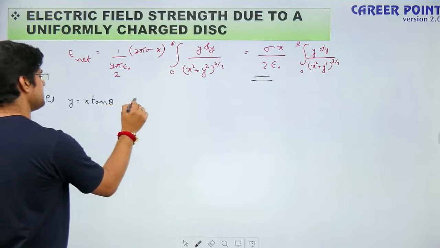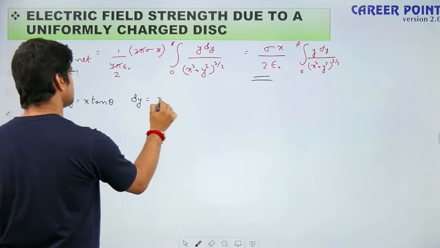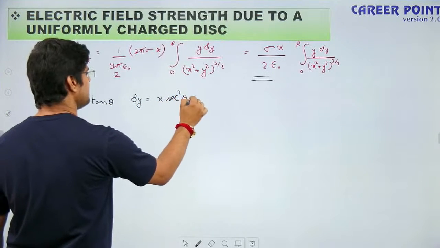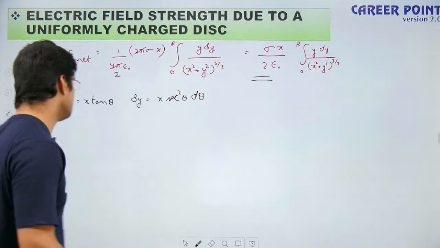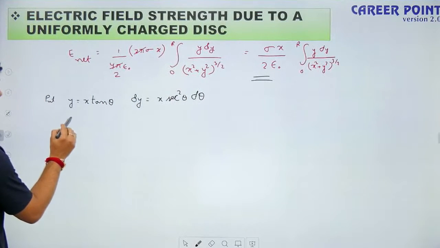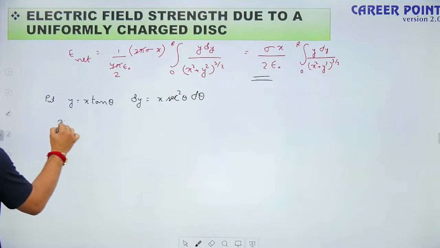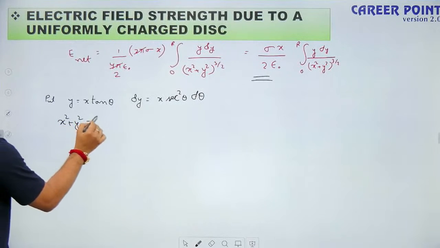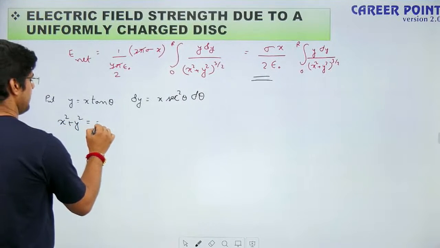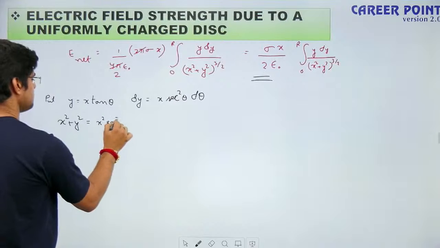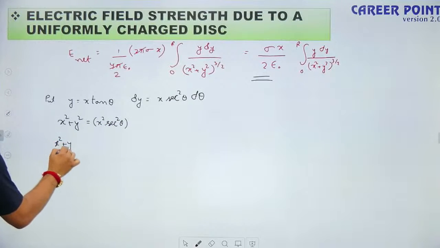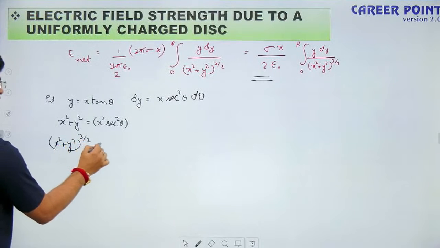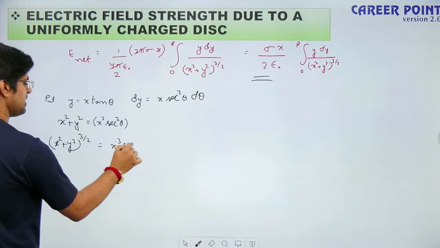If I put y equals x tan theta, I can write dy equals x sec square theta d theta, and also I can say x square plus y square will be equal to x square sec square theta. So x square plus y square raised to power 3 by 2 will become equal to x cube sec cube theta.